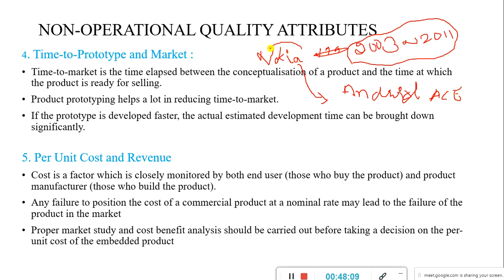Then Nokia also came up with a new model, combining with Microsoft, called Nokia Lumia, which consisted of Microsoft OS in Nokia mobile phones. It failed because the user interface was not as easy as compared to Android.